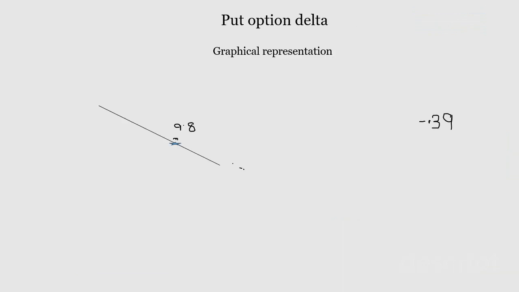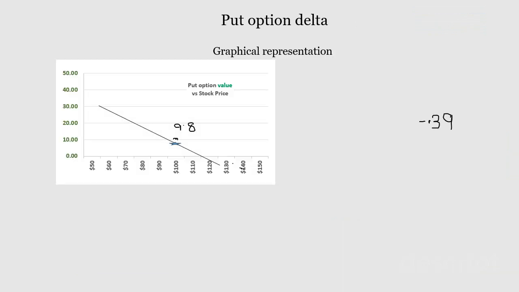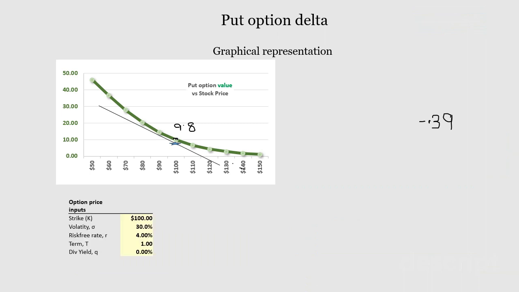Now, how to calculate put option delta? The first graph shows the P value plotted against various spot prices of the underlying security. As the P value curve moves downwards with increase in spot price, the slope of the tangent to the curve is negative and the resulting delta is also negative.